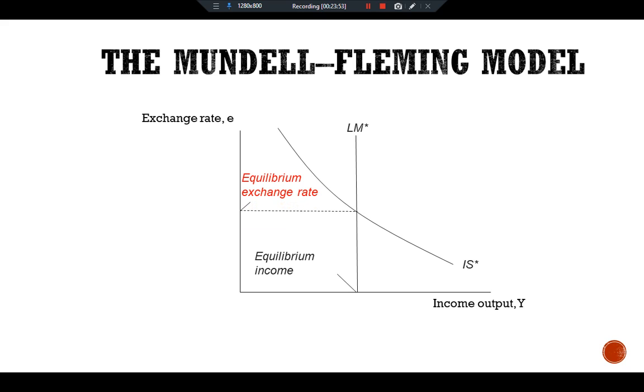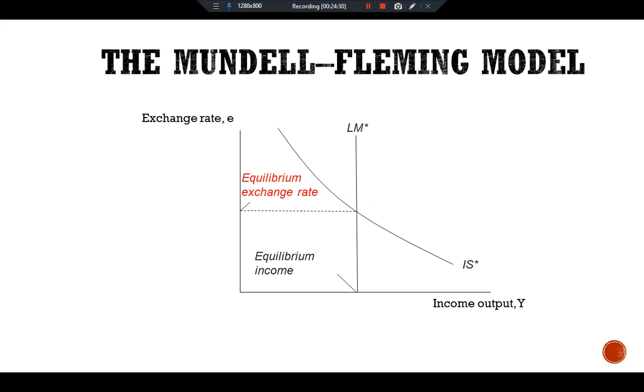So this graph of the Mundell-Fleming model plots the goods market equilibrium condition, IS static, and the money market equilibrium condition, LM static. Both curves are drawn holding the interest rate constant at the world interest rate. The intersection of these two curves shows the level of income and exchange rate in the economy that satisfy equilibrium in both the goods market and the money market.